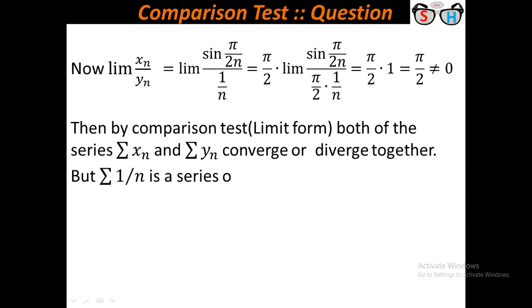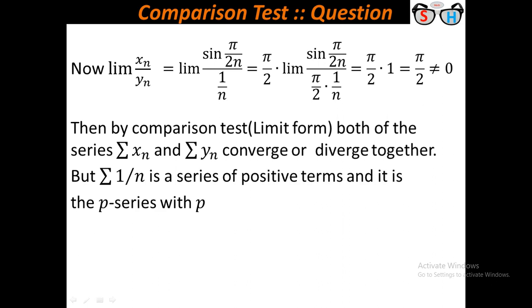The summation 1 by n is a series of positive terms, and it is the p series with p equal to 1. The p series was discussed in the previous video. There we saw that the p series is convergent only for p strictly greater than 1, otherwise it is divergent. That is, when p equal to 1, the series summation yn is a divergent series.